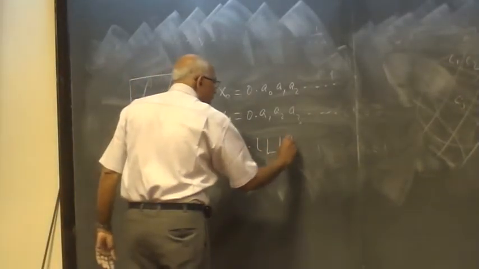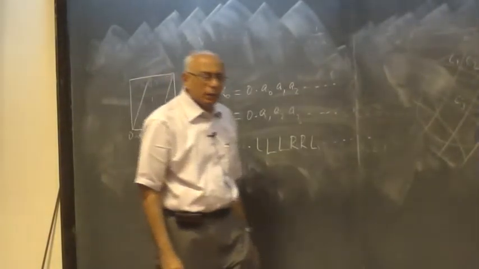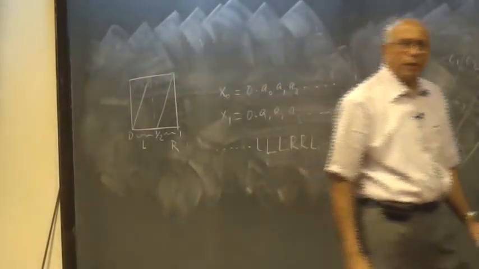L, L, L, R, R, L, keeps going. That's all I keep track of. I simply keep track of whether it's L or R. And I get a long, in principle infinite, string of L's and R's.